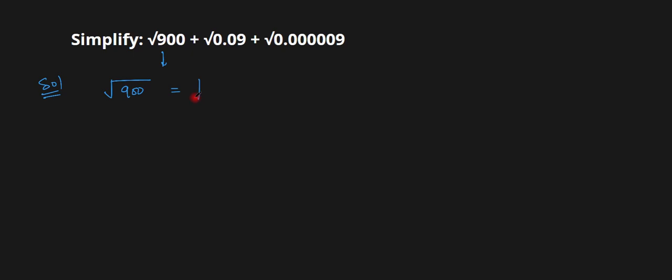So square root of 900 can be written as 9 into 100, right? 9 can be written as 3 threes are 9 and 100 can be written as 10 into 10. So I have two pairs right here, right? So take 1 3 and 1 10 out from this square root. What you will have? 3 into 10 out of this square root, so you have 30. Okay, so square root of 900 is equal to 30.